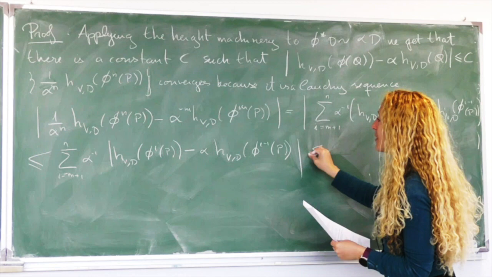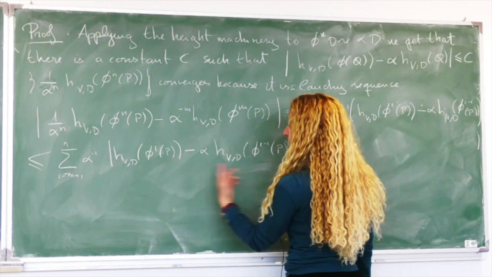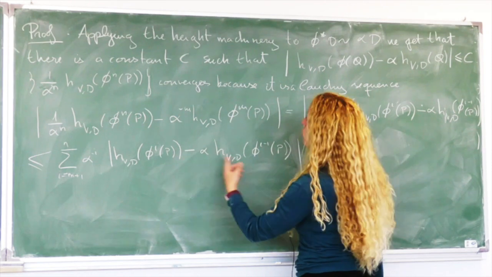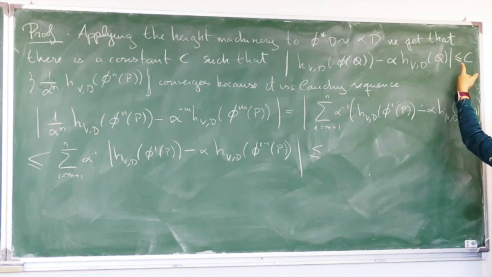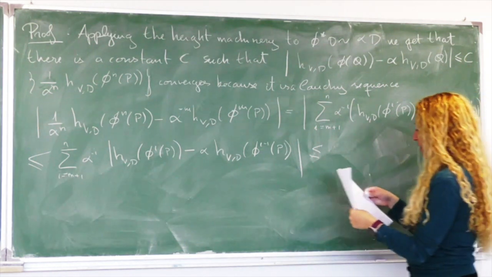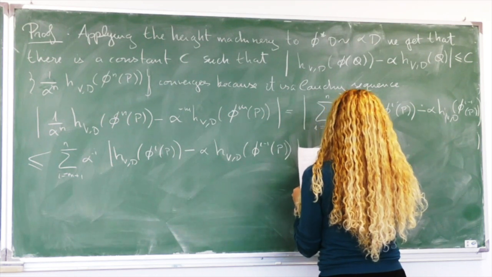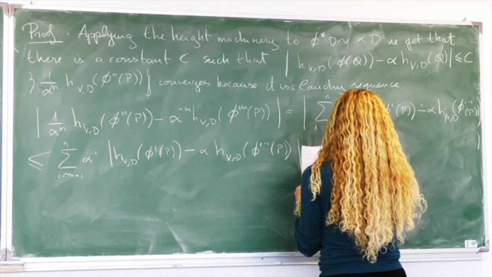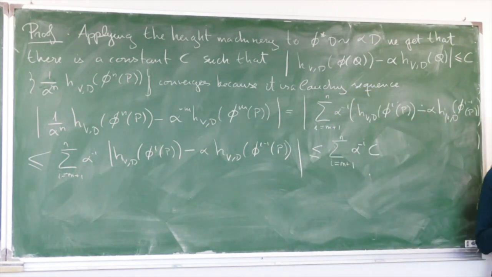But now what's happening? What I have here exactly looks like the bound that I have here. So I can use it to get that this is smaller or equal than this sum with the constant, right?